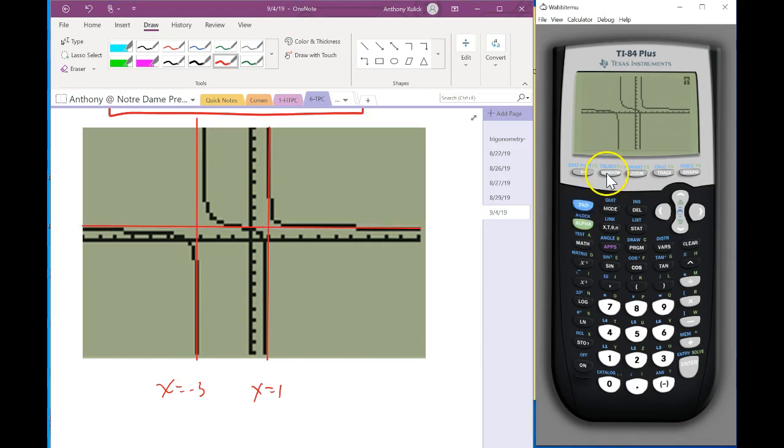So I'm going to press second and the window button. I'll start my table at, I'm sorry, start at -1,000 and go up by 1,000. So that's going to be the very far left end of my graph.